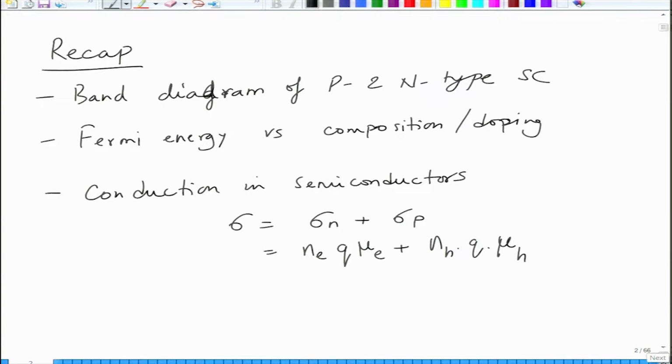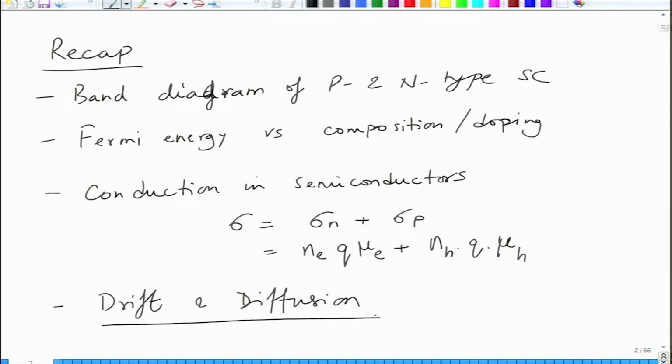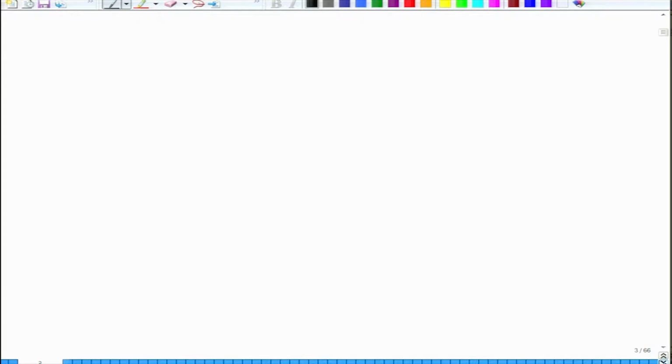We'll take this discussion forward in this lecture. We also did a bit of discussion on the different types of currents that you can have: current due to drift and diffusion. We will revisit some of these topics and discuss them further.